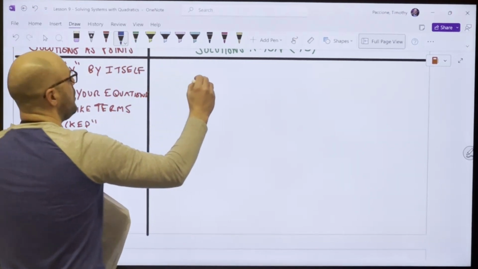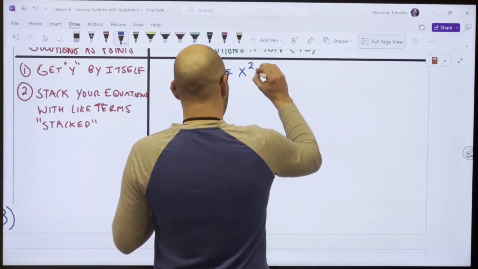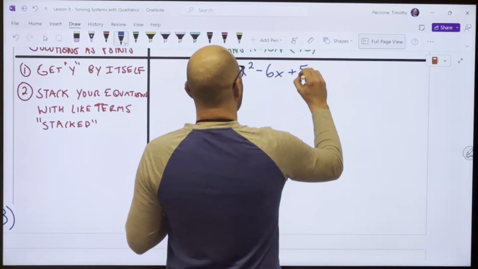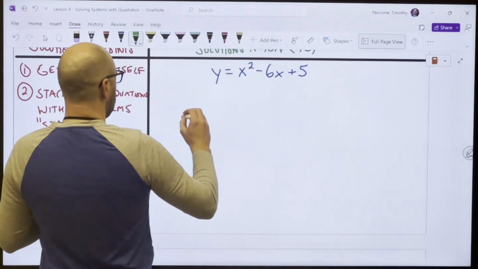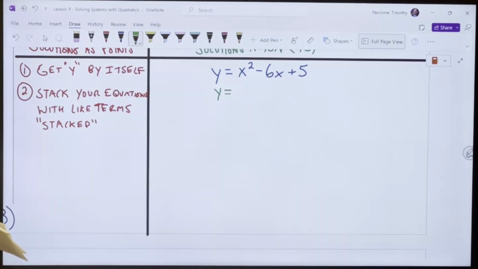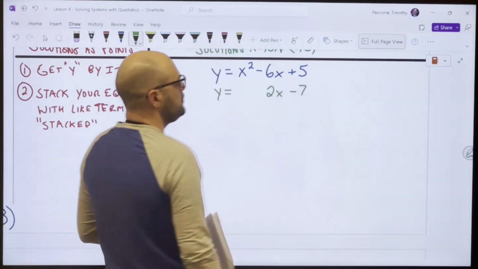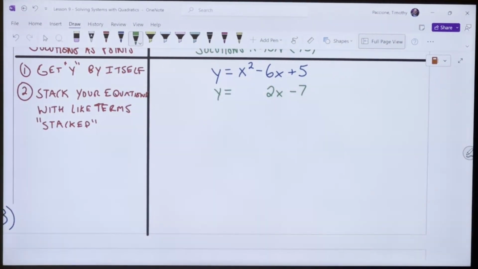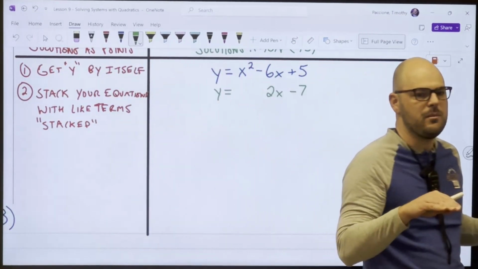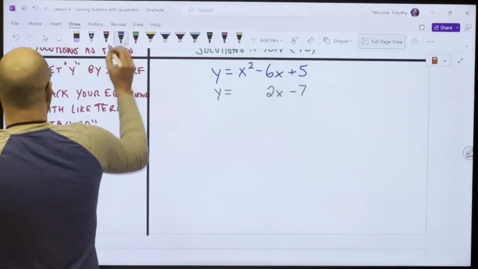So our equations are, and I'm going to use the standard form that we found, y equals x squared minus 6x plus 5. And then my other equation was what? y equals 2x minus 7. And I stacked the like terms underneath each other. So negative 6x, I'm going to put the 2x right underneath it because that's a like term. 5 and negative 7, I'm going to put them right on top of each other because those are like terms. Question? Is this elimination? Yes, this is elimination. I forgot to write that. Elimination.